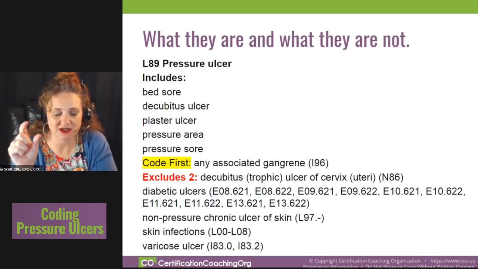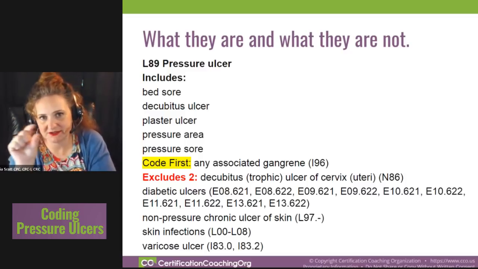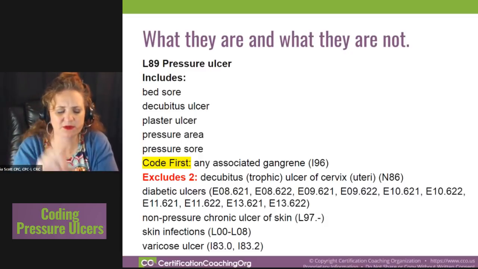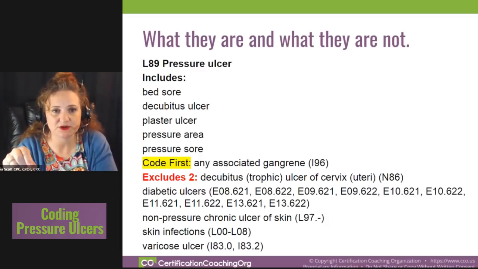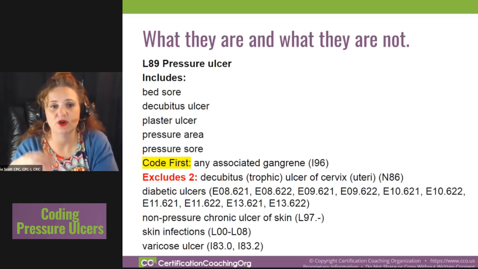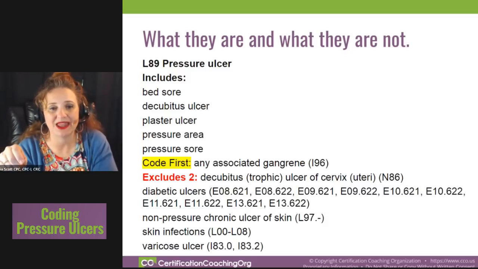Even though I know the second letter is different, just when you look at it, you got to think, no, a PE is a pulmonary embolism, a PU is a pressure ulcer. So a bed sore, a decubitus ulcer, they call them DUs or decube. A lot of times they'll abbreviate decube, and then you know a decubitus is a decubitus ulcer. We have plaster ulcers, pressure area, and pressure sore.